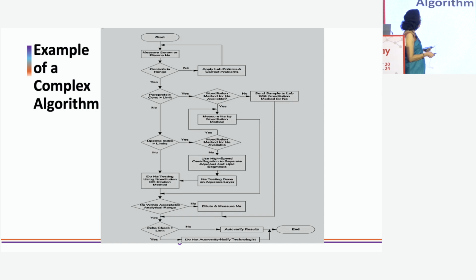A slightly more complex algorithm where you are measuring serum or plasma sodium, okay, then here you are bringing in the paraprotein part, because as you know, if there's paraproteinemia, you may get pseudo hyponatremia. So you have to check for that. You have to check the lipemic index, etc. So you may have a very complex algorithm depending upon the parameters that you are going to auto verify.